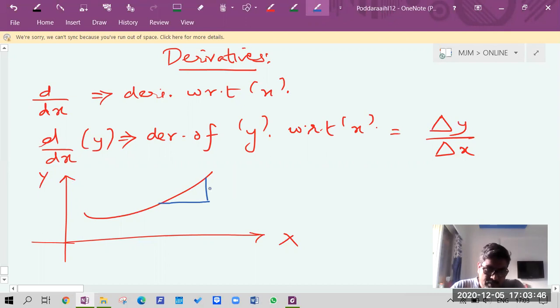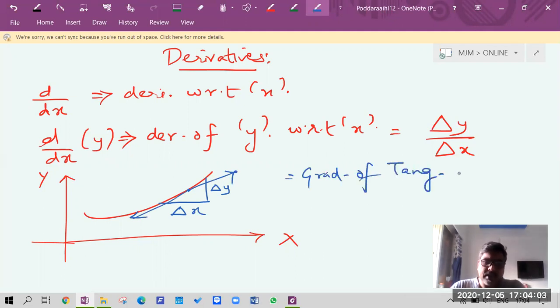So basically when you say delta y upon delta x, it is nothing but slope of the tangent or the gradient of the tangent, right, at a point. Say the point is this p. Okay, now that is a basic understanding of derivative as to what does derivative mean.